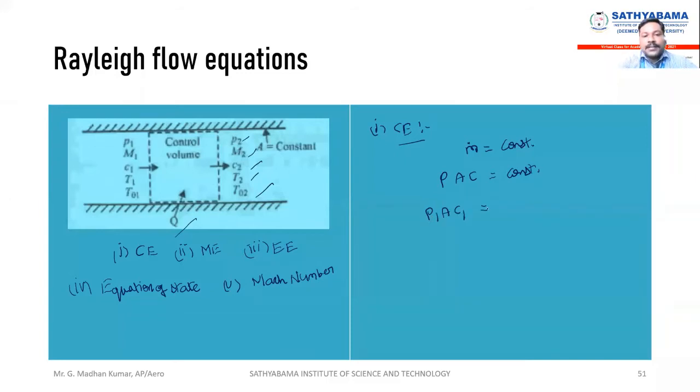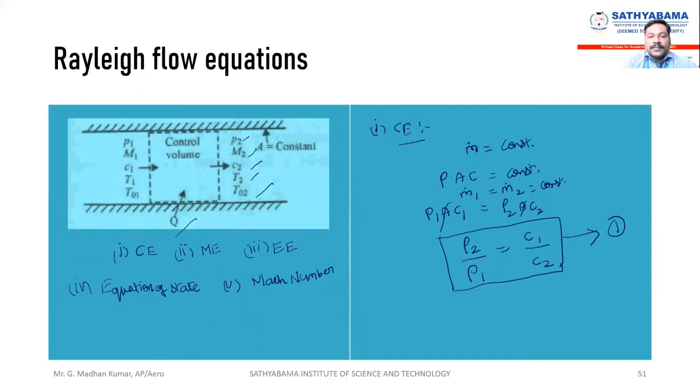As per continuity, on the right hand side the discharge is the same: m dot 1 is equal to m dot 2 is equal to constant. So rho 2 A C2 is again constant, and A cancels. Finally rho 2 by rho 1 is equal to C1 by C2. This is your continuity equation.